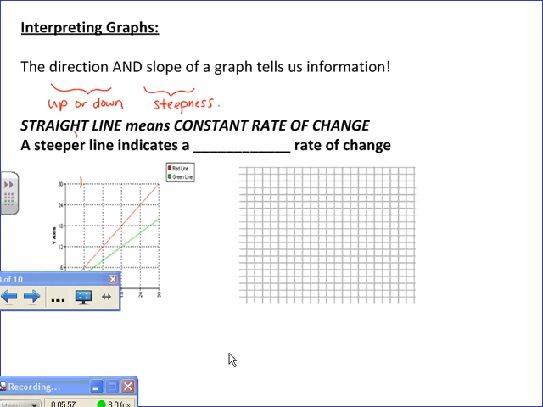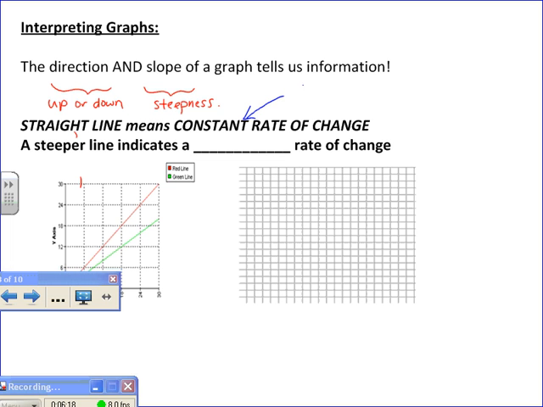Okay, so a straight line means a constant rate of change. In other words, the x is changing at a constant rate with y. A rate of change is just showing us the change in one variable over the change of another.